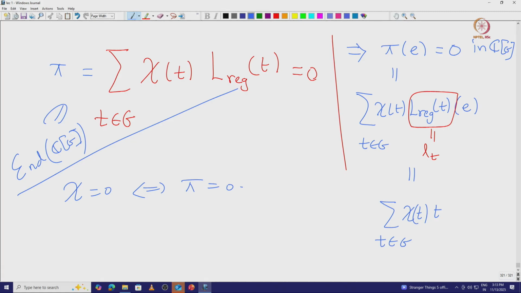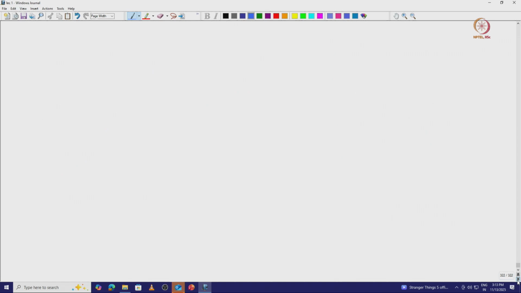Because we know that this space C G is nothing but a direct sum of irreducible representations of G. So, we are going to use this complete reducibility, and instead of proving pi is 0, we just restrict this pi to each irreducible component and prove that that is 0 for all i ranging from 1 to s.